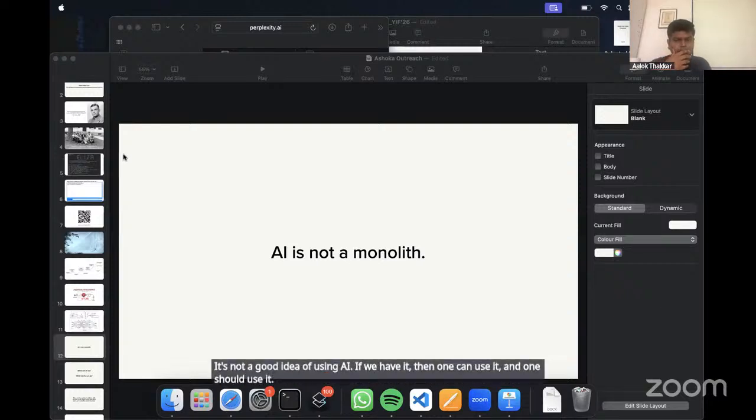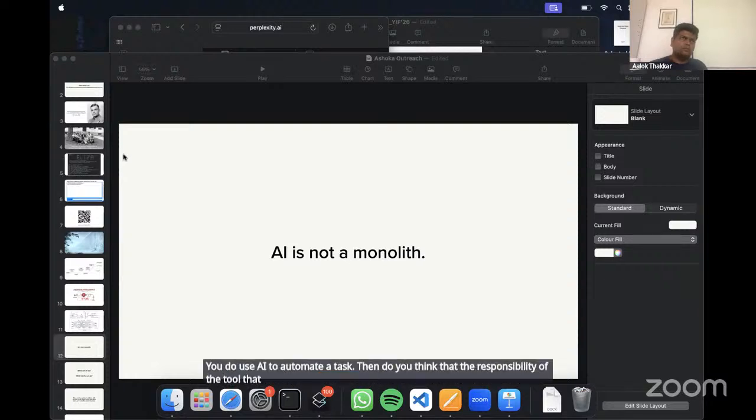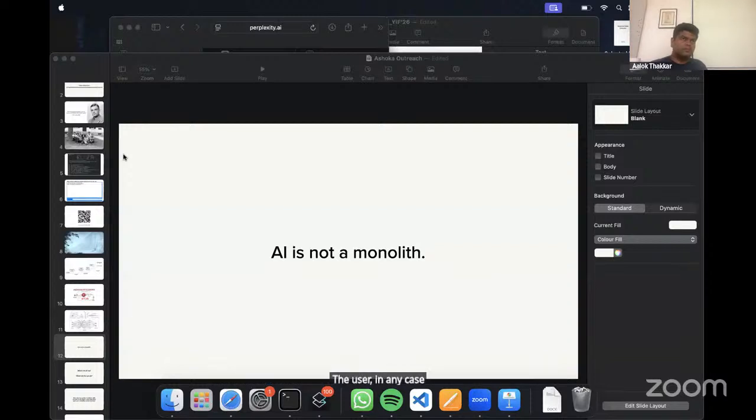All right. That answers my question pretty well. As for my next question, you said that you take care of what you put out there, even if you do use AI to automate a task. Then do you think that the responsibility of the tool that you're using lies with the user in any case where a decision has to be made?